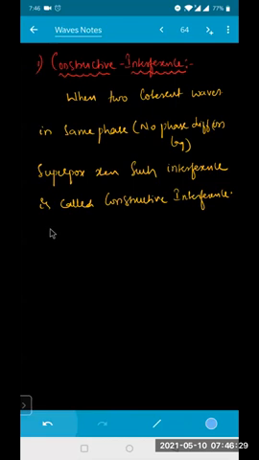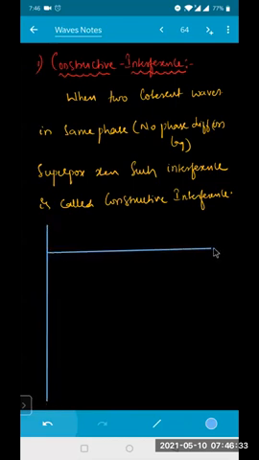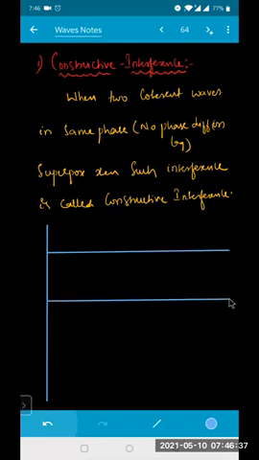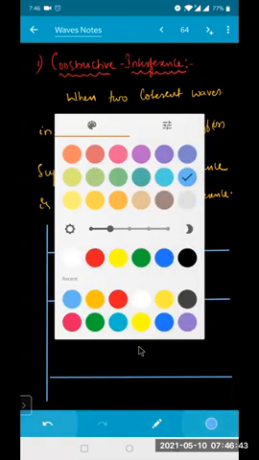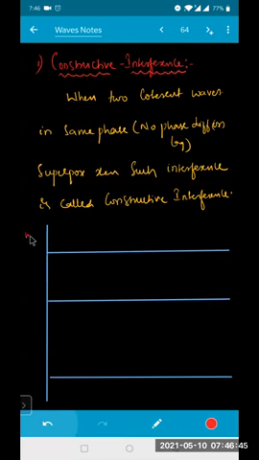Suppose we have a wave here. So here there is one wave going like this. There is one more wave going like this. And finally we have one more wave here. This one is, for example, wave 1. This one is wave 2. And this one is your resultant.